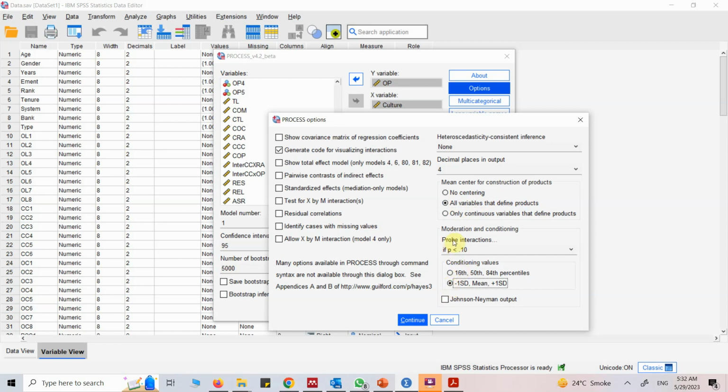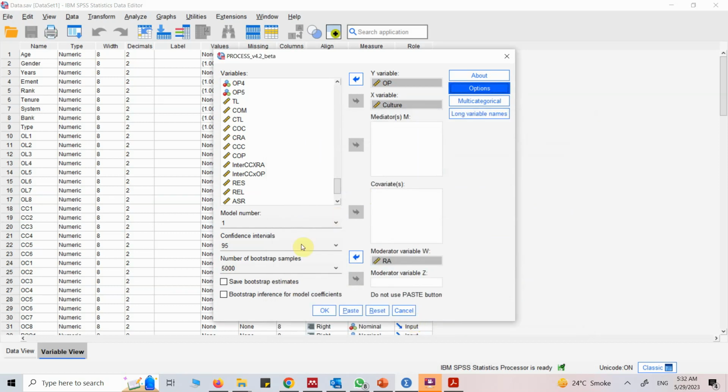Now let's have the conditional values, minus, mean, and plus. That is lower level of moderator, average level of moderator, and higher level of moderator. So how does the relationship change at each level of the moderator? And Johnson-Neyman output as well. Now let's press continue and let's press OK to get our results.